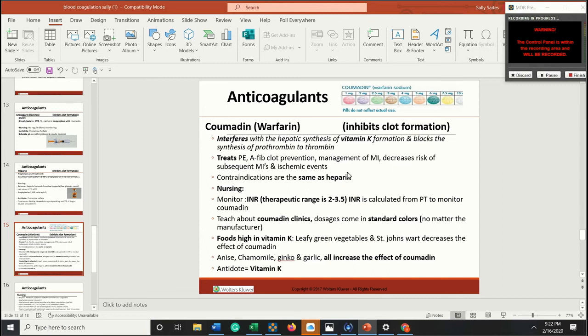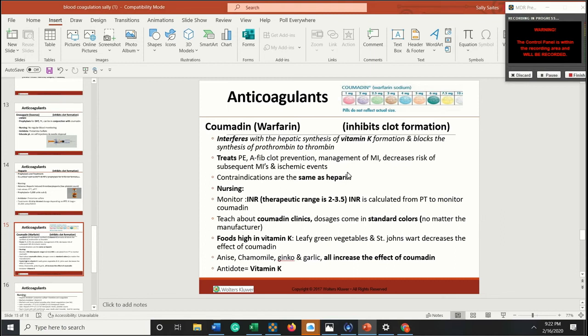That's the majority of our patients that are on Coumadin. They can go on it for a PE, but typically we'll give heparin or some of the other medications for PEs. But any type of heart condition where blood clots are a side effect, they're going to be on Coumadin.